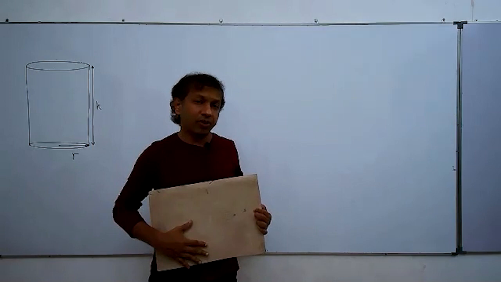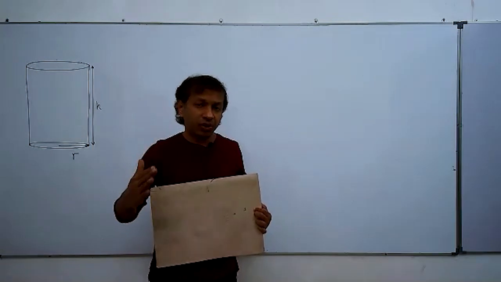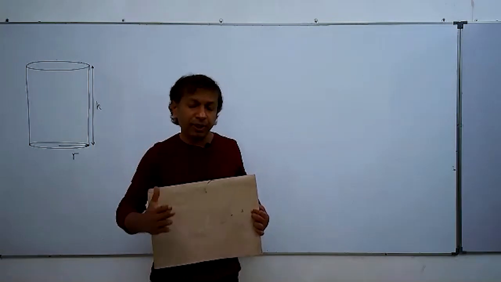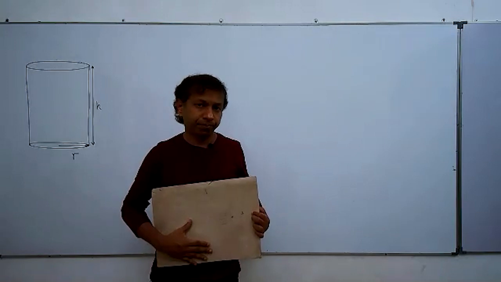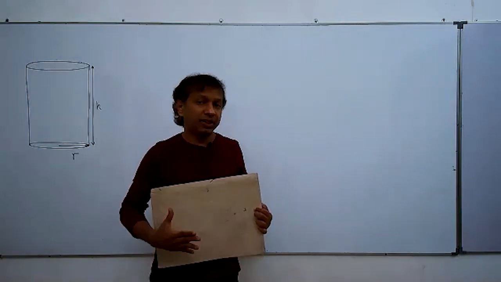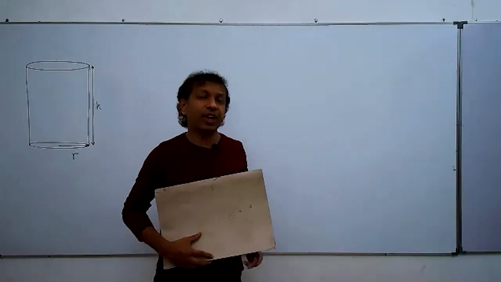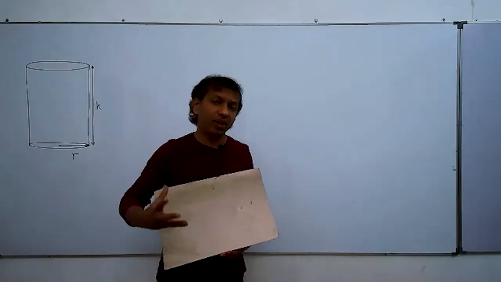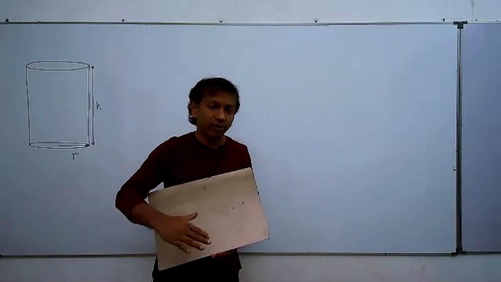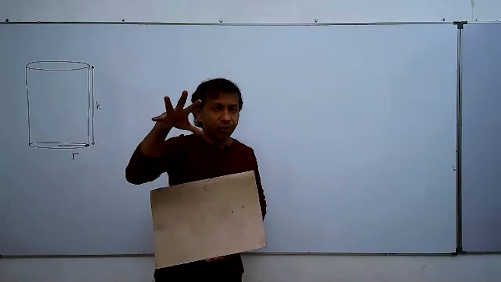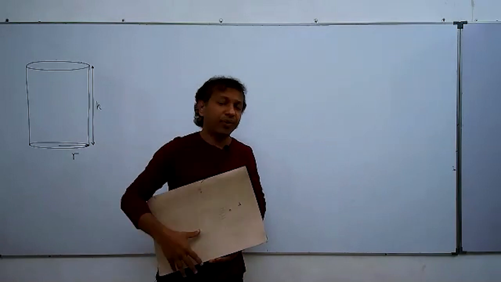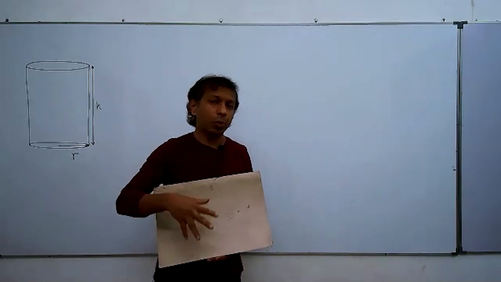So minimizing the cost of producing this can means we have to minimize the area of the metal sheet which we use to form this can. Our objective is to minimize the area of the overall can so as to hold 1000 cubic centimeters of volume in it.